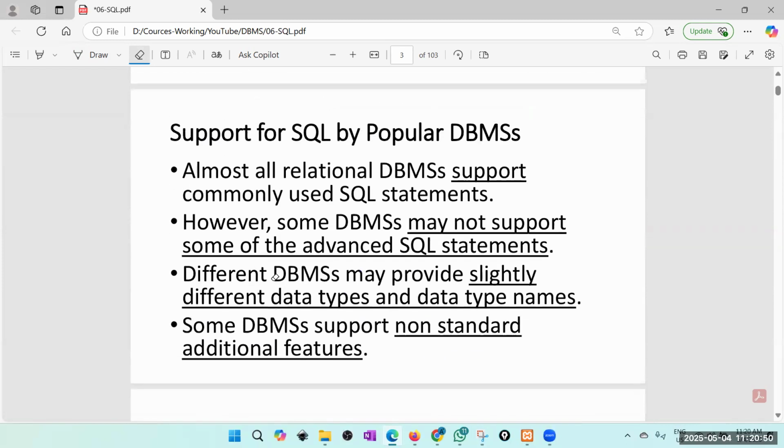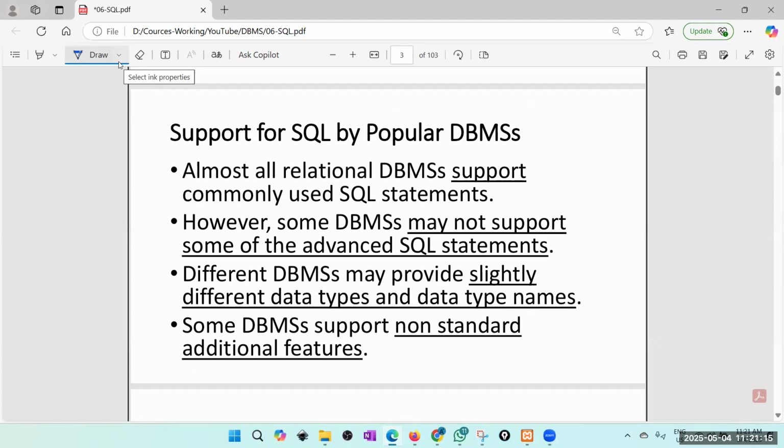And when it comes to SQL, yes, SQL is a standard, but it doesn't mean that all the databases follow 100% the standard, maybe more than 90%. For example, some databases may not support some of the advanced SQL statements. And at the same time, some of the databases may support additional SQL statements, which are not standard SQL.